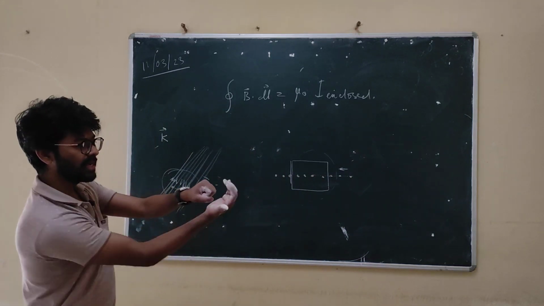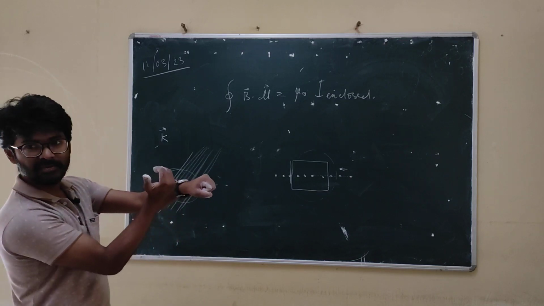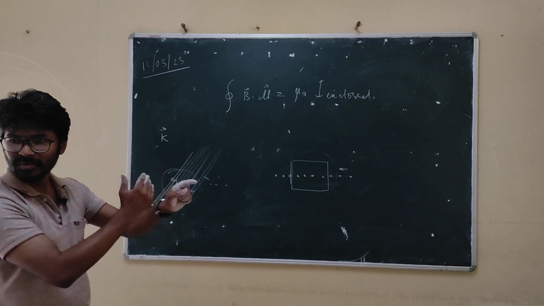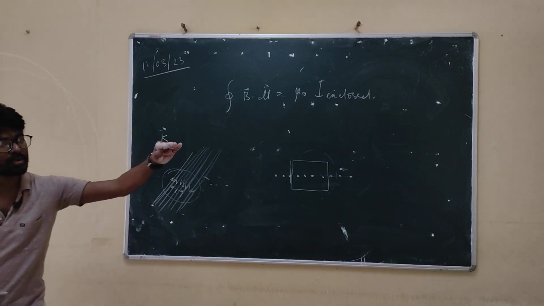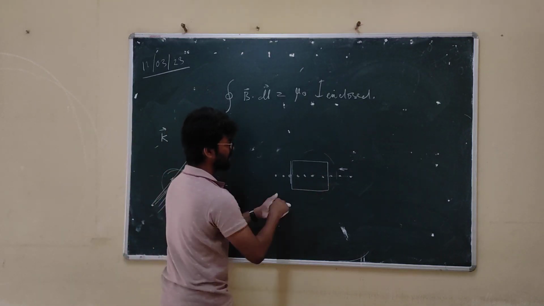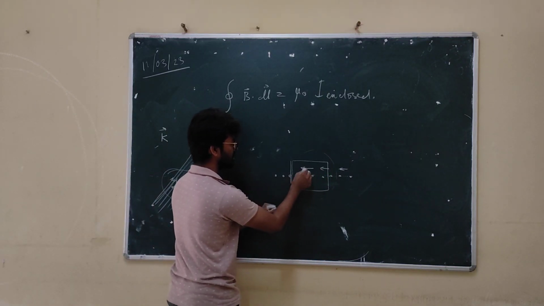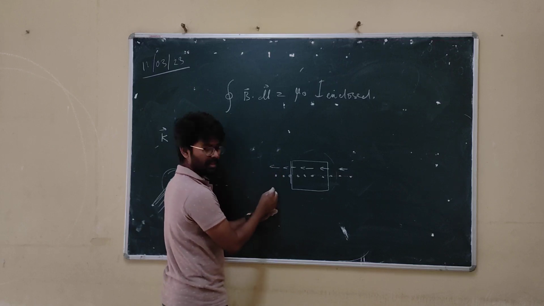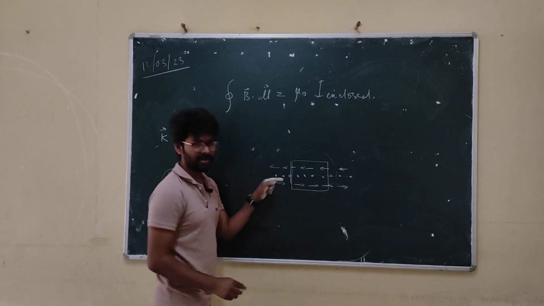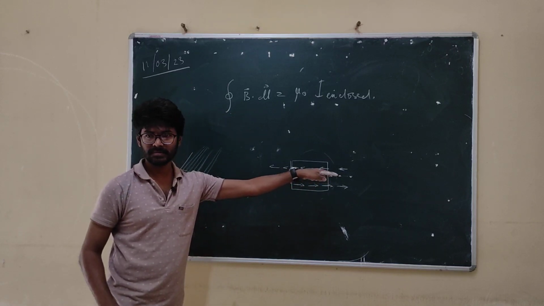The middle parts cancel. So above the sheet it will be a magnetic field in this direction, upward, and beneath the surface the magnetic field will have a direction like this.